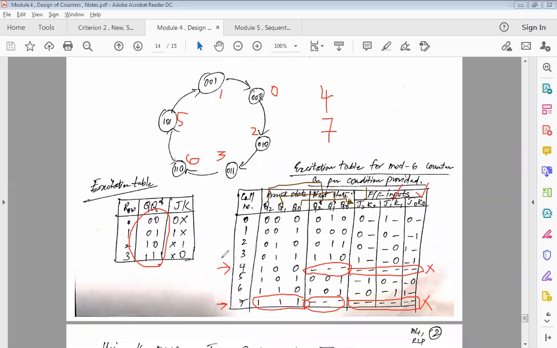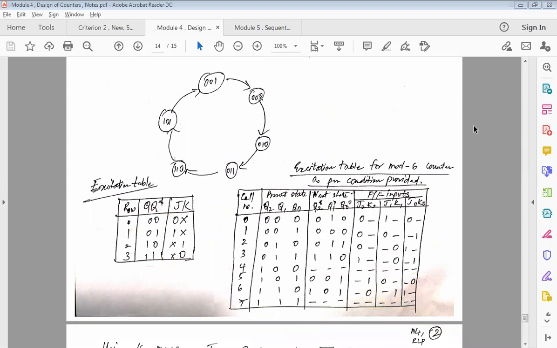Sir, this is an asynchronous counter, right, sir? Since actually what is happening is we are not providing any clock information here. We are just going ahead, and we are assuming that at every clock state, these are actually changing from one point to another point.